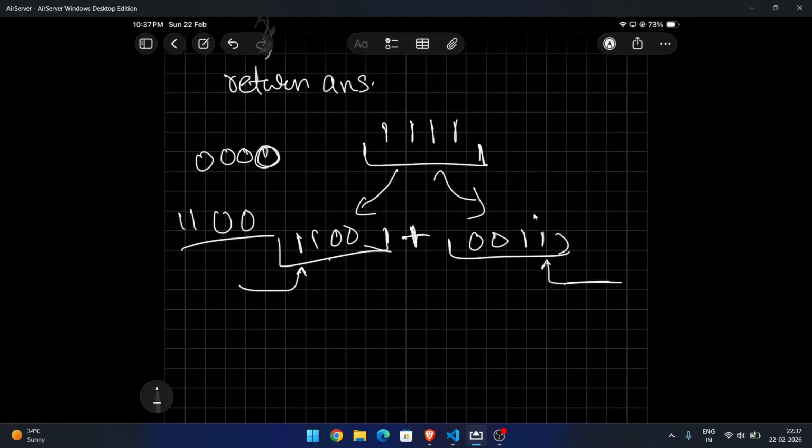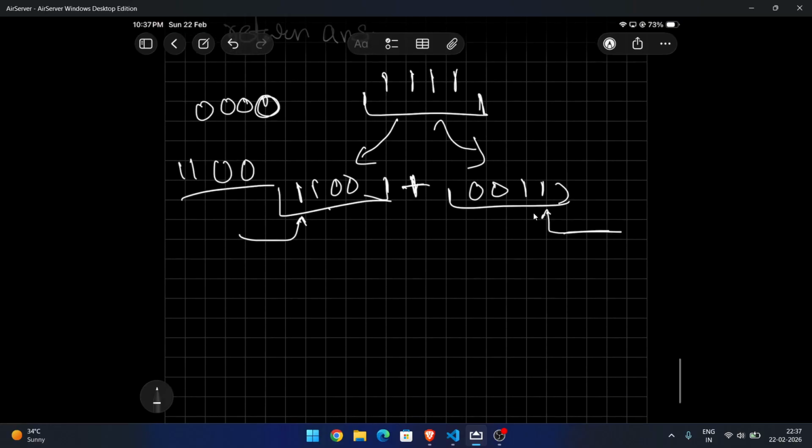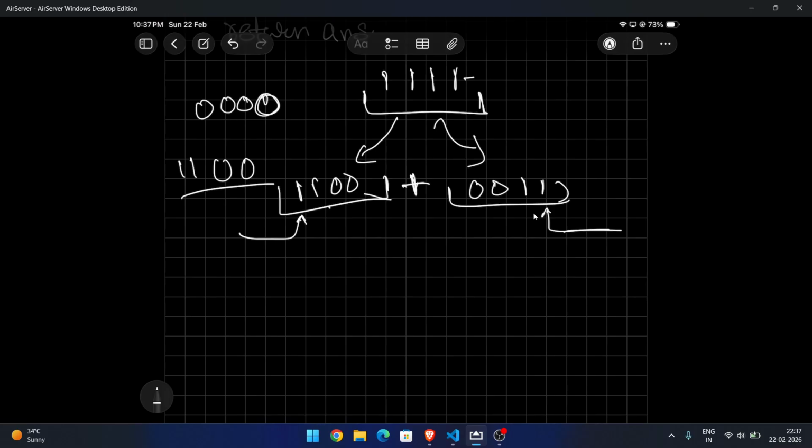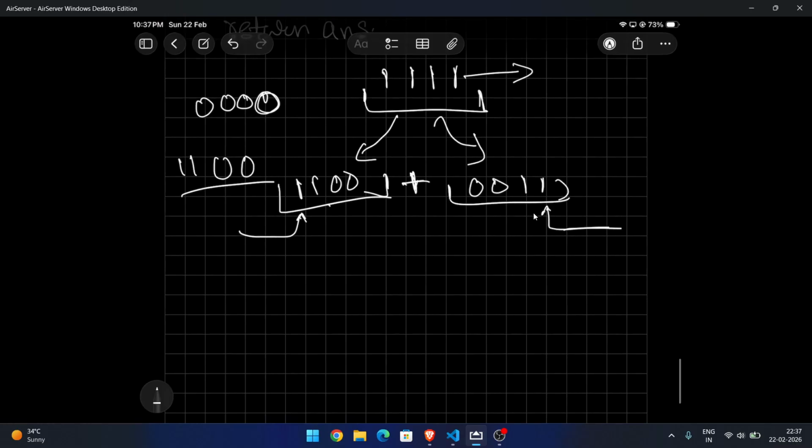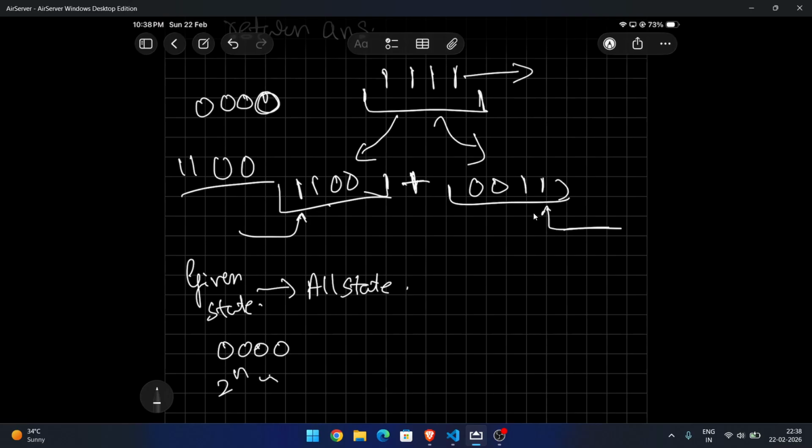Now what is the issue here is, let's say this is a state. For any given state, we are iterating over every possible state. A state can go from 0 0 0 to 2 to the power n, and in our case it is nearly 10 to the power 5.